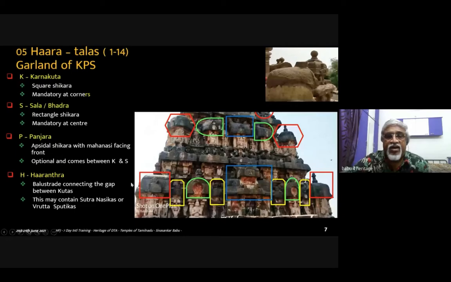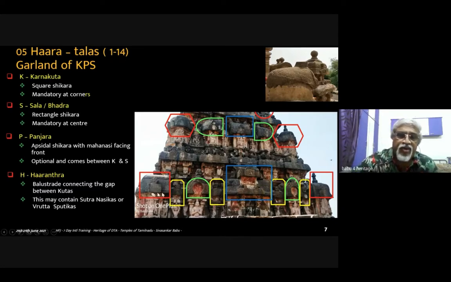So in the corner, we have Karnakutas, and in the center we have Sala, and in the middle we have Panjaras. But this is a very unique temple. I am showing you the exception rather than the rule, primarily to see how much innovation or change they can make.